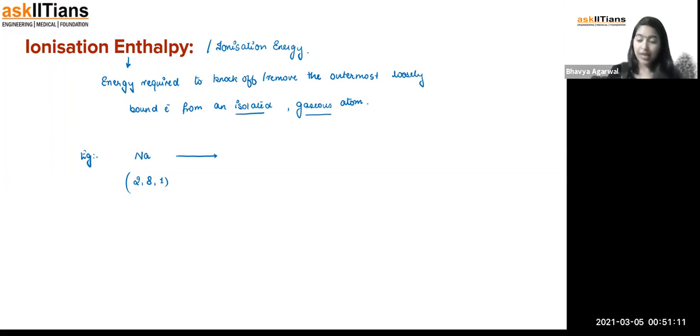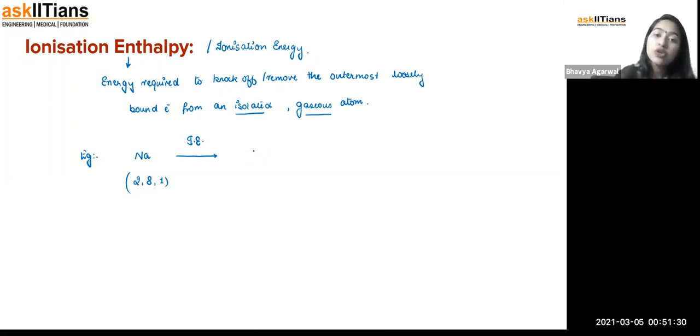So now what is happening? What is that energy which I need to give to remove that electron? That energy is known as the ionization enthalpy or ionization energy.